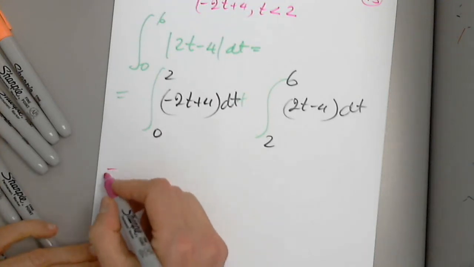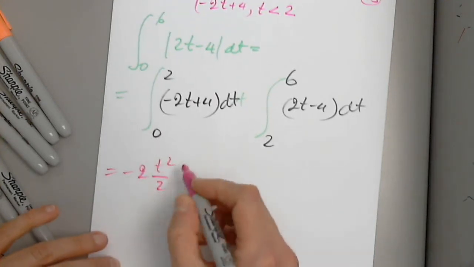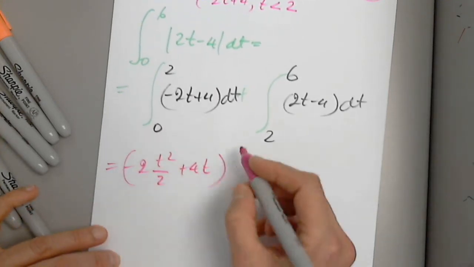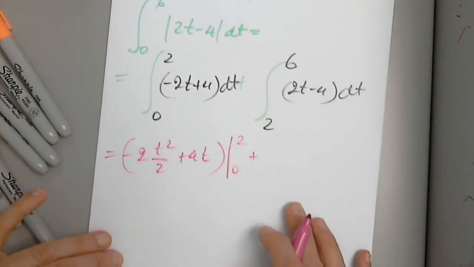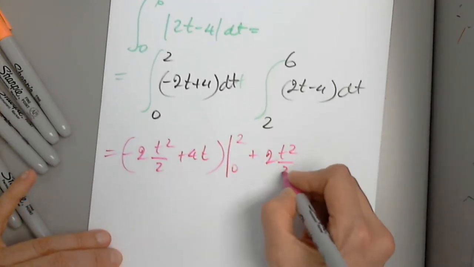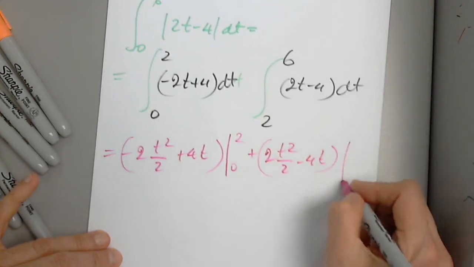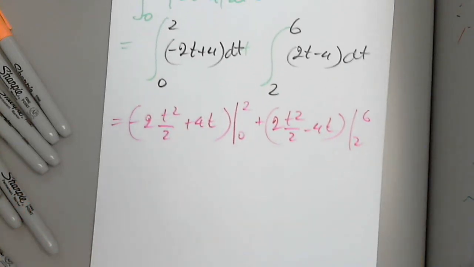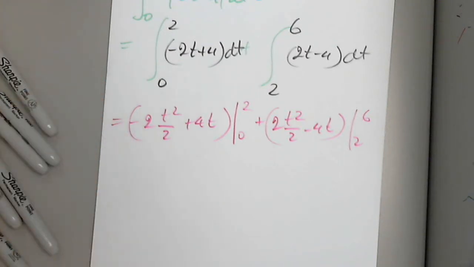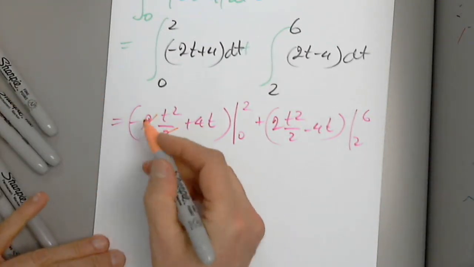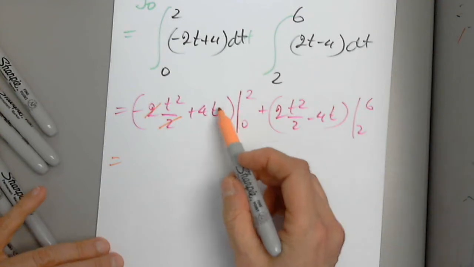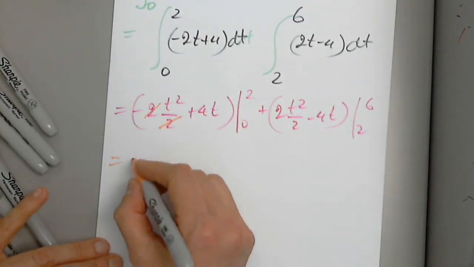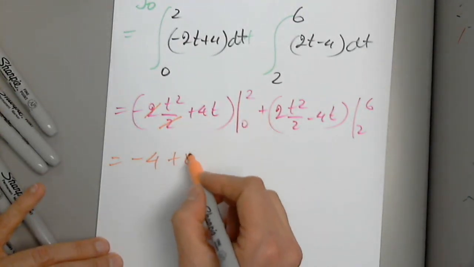Okay, so then this is negative 2t squared over 2 plus 4t from 0 to 2, and plus 2t squared over 2 minus 4t from 2 to 6. So when I plug in 2, I get 4 with minus in front, and then plus 8.